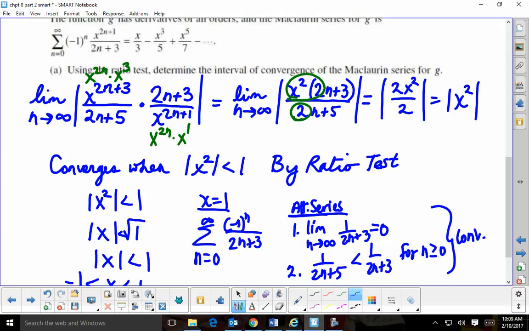So we're just plugging in 1 for the x's, not the n's. Okay, so again, we're only plugging in the x to equal 1. The n's alone.